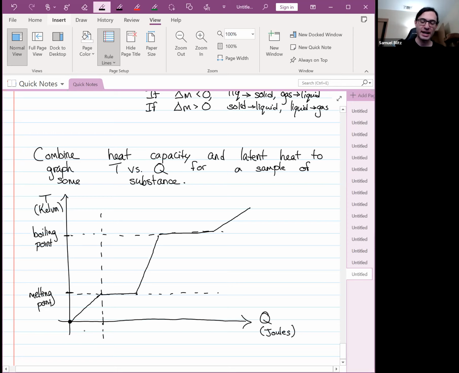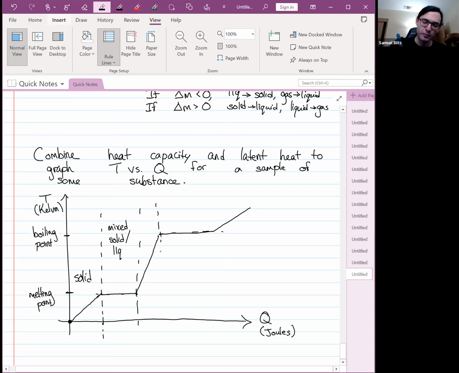So until you've added this much heat, the object would be solid. And then here, I should get rid of these dotted lines. These are going to confuse people. In this range, you have a mixed solid and liquid phase, because some of it has melted, but not all of it.